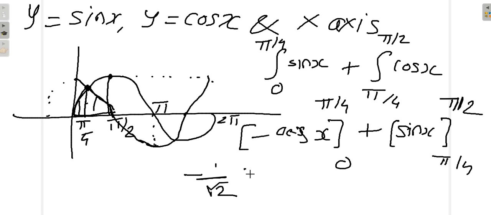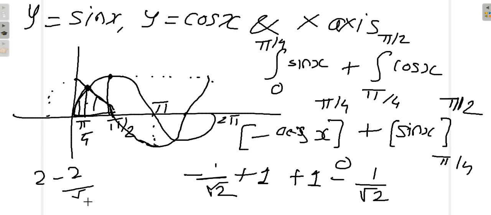Minus minus will become plus, cos 0 is 1, plus sin pi by 2 is 1, and sin pi by 4 is 1 by root 2. So it is 2 minus 2 by root 2, which is 2 minus root 2. So this is the required area.